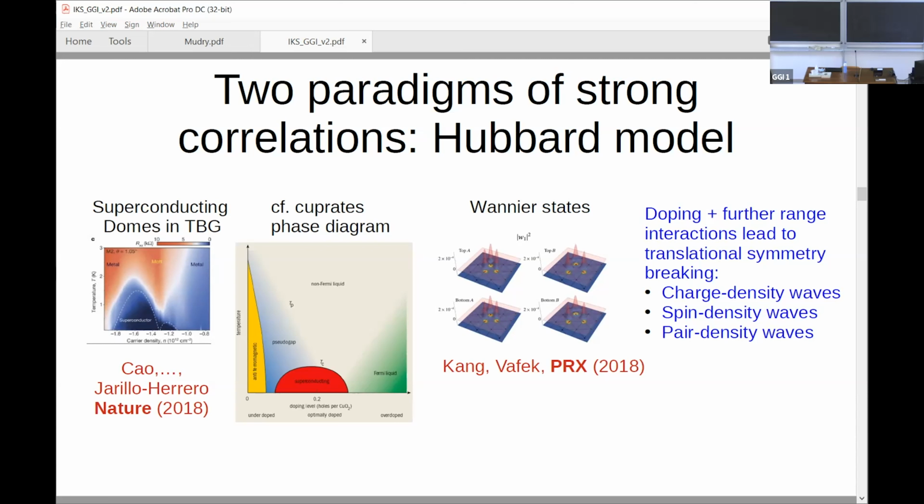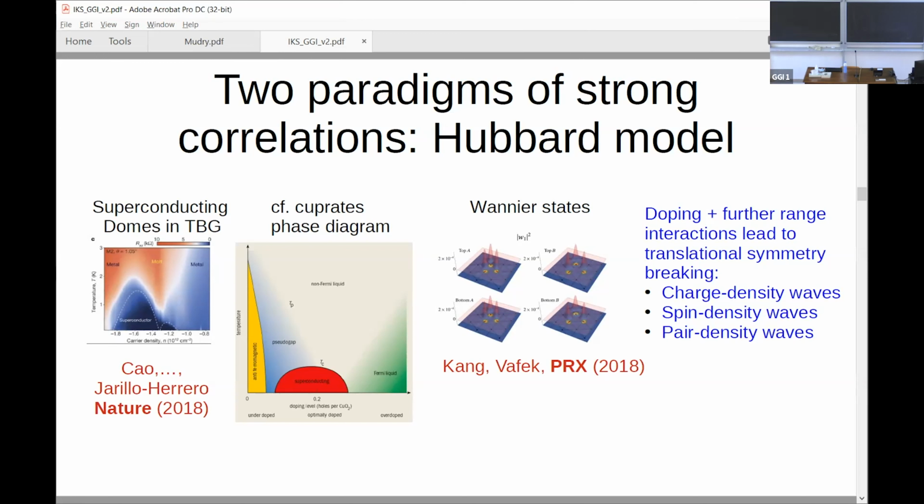Now, if you want to write down a Hubbard model for twisted bilayer graphene, it's a little bit more complicated than you might imagine, because you've got this fragile topology as well, which presents an obstruction to writing down some localized Wannier states for the system. But it can be done.